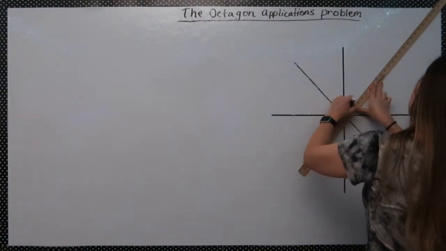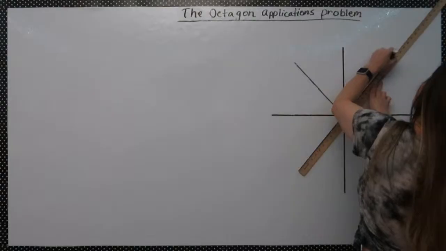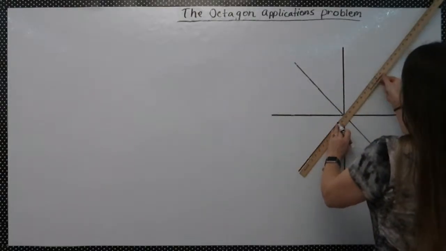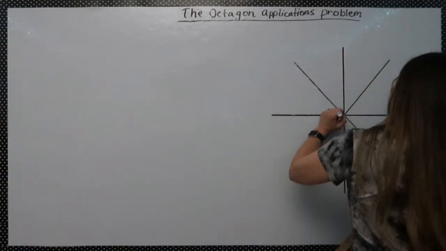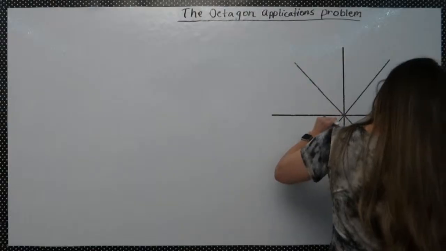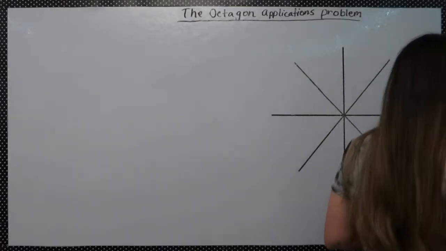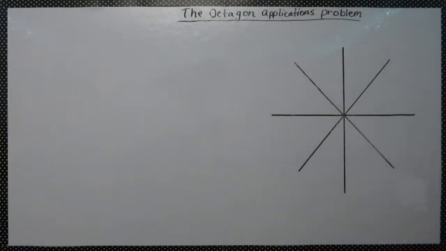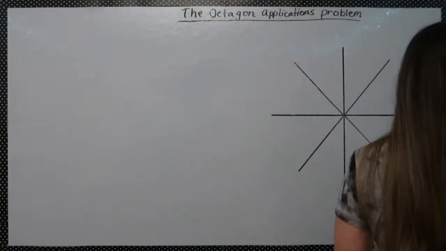So what it's asking us to find is one of the sides given the radius known. And I got this question from an old trig book.